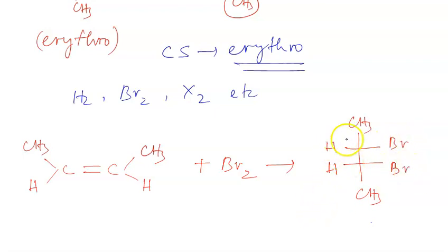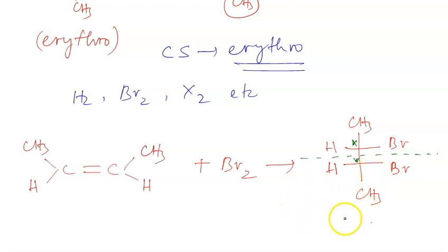Now if you see here, these two are chiral carbons. This is a plane which divides the molecule into two equal halves. So the rotation caused by half of the molecule is cancelled by the other.